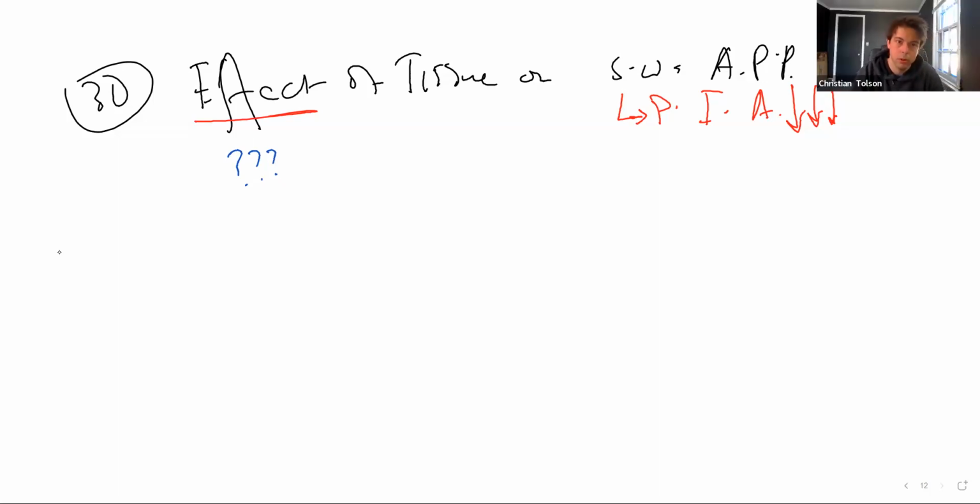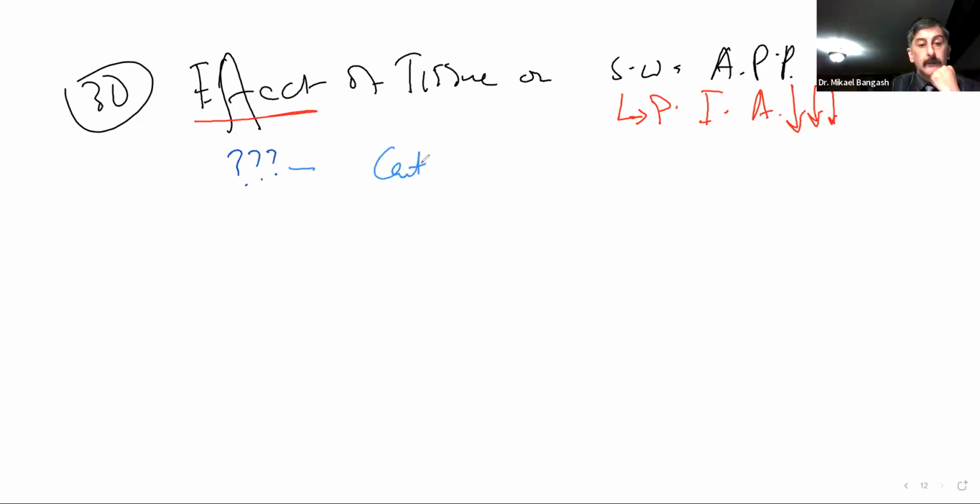The power, intensity, and amplitude will all decrease. We already said that. What else could be another effect? The propagation speed? Who said that? Caitlin. Exactly, dear.